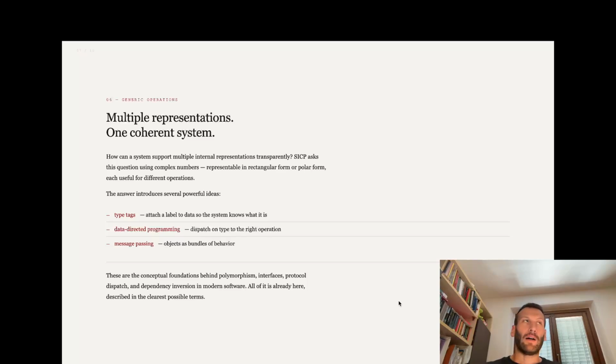And if you reflect on these three ideas, you see that these are the conceptual foundations that lie behind polymorphism, interfaces, protocol dispatch, and dependency inversion in modern software engineering.